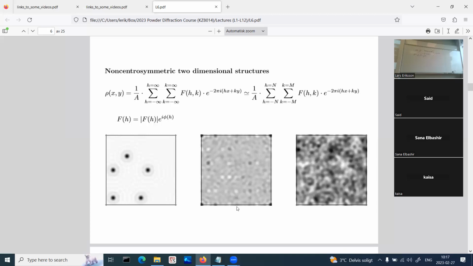Everyone knew that in the 90s and 2000s, until there were a couple of people, 50, I think, that actually didn't care about what was written and took random phases and put in the random phases the amplitudes, and got crap, of course, but some of the crap had negative electron density, which is not possible.